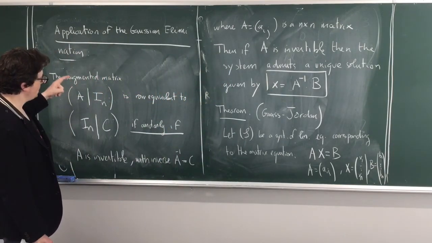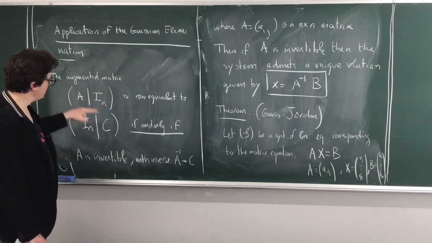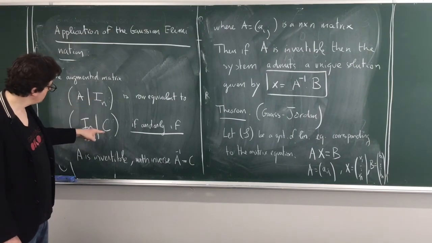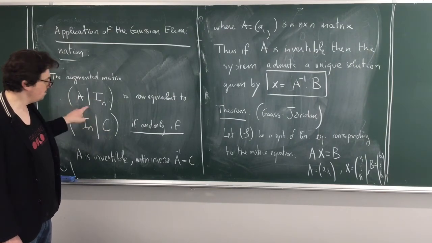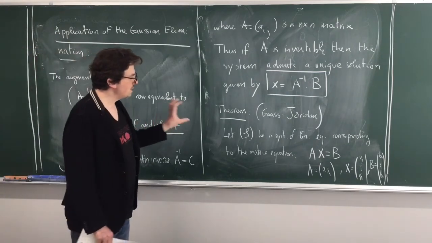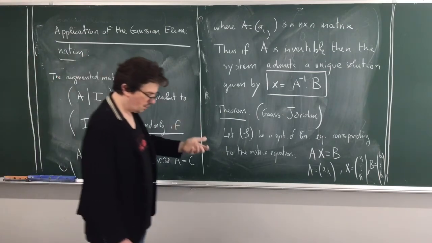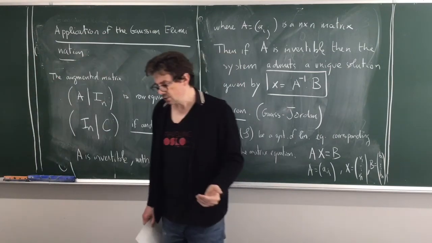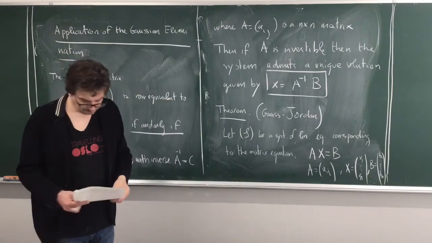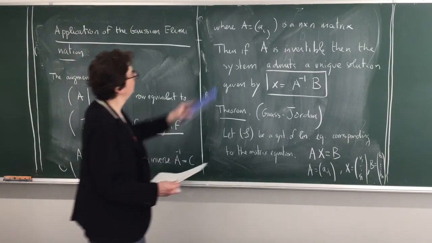Well, I will use my Gaussian elimination algorithm to transform this augmented matrix into this one. Why? Because the final result here will be precisely the inverse of A. Okay, so this combination of the two gives a solution of how to solve a system of n equations in n variables. Let me give an example of this method.